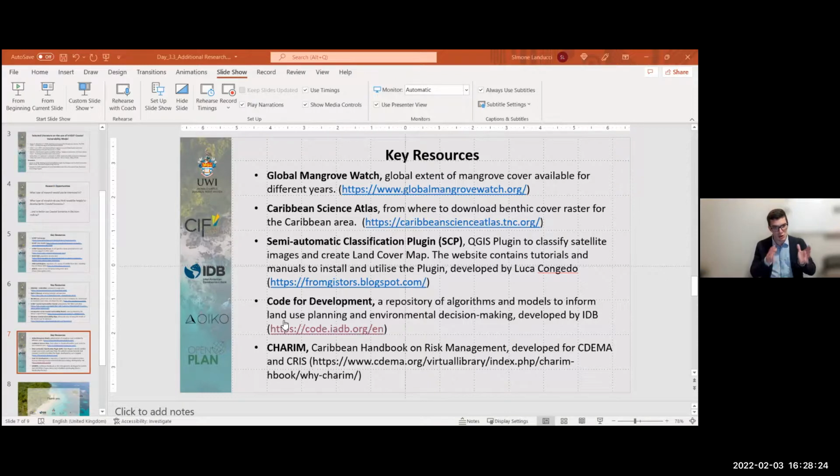It's called Code for Development, and it's a repository of different models and tools that you can use for a variety of applications, such as mapping informal settlements, that go above and beyond coastal scenarios. The reason I'm showing you this is, first of all, to let you know that there are all sorts of different models out there.